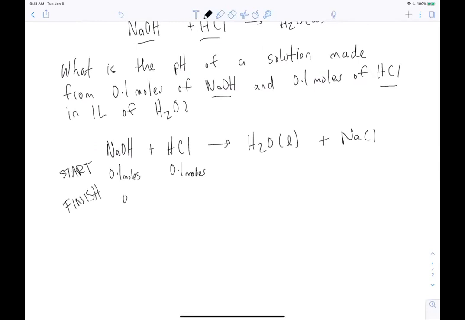Well, these react stoichiometrically, 1-to-1. So I have 0 of that and 0 of this, and then I would form 1 mole of water, which we're not super worried about, and then 1 mole of sodium chloride as well. So these are just reactions that go to completion, essentially. Oh, not 0.1.